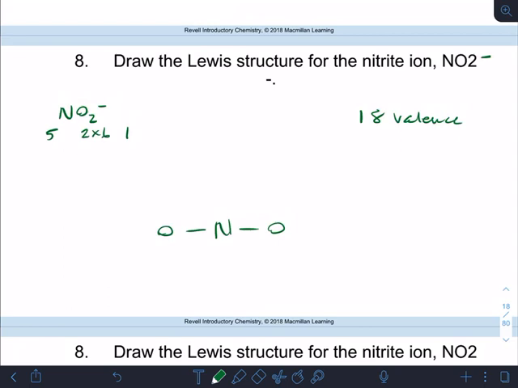Okay, so I'm going to draw my structure, making a symmetrical structure. And between the two of those, the other reason that the nitrogen is in the middle is that nitrogen is farther left on the periodic table, so it's the one that goes in the middle. Okay, so I'm going to subtract 2 electrons for the bonds.